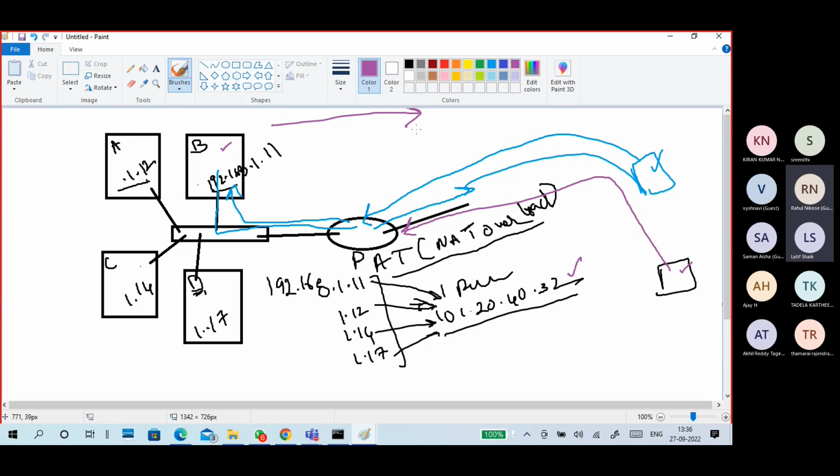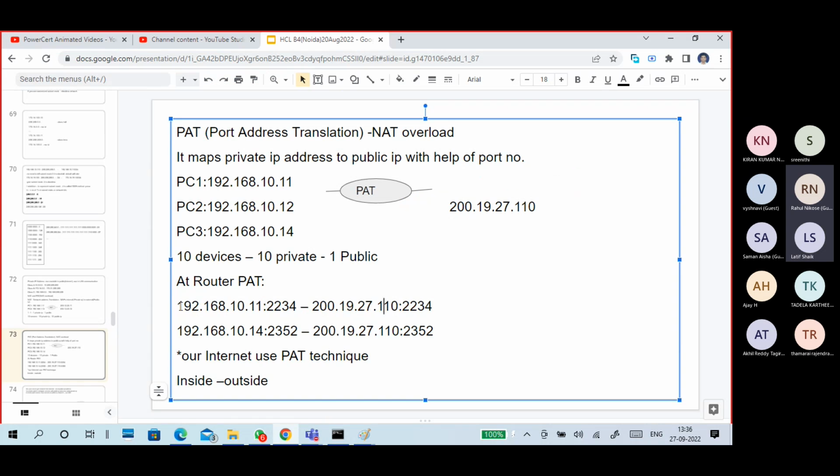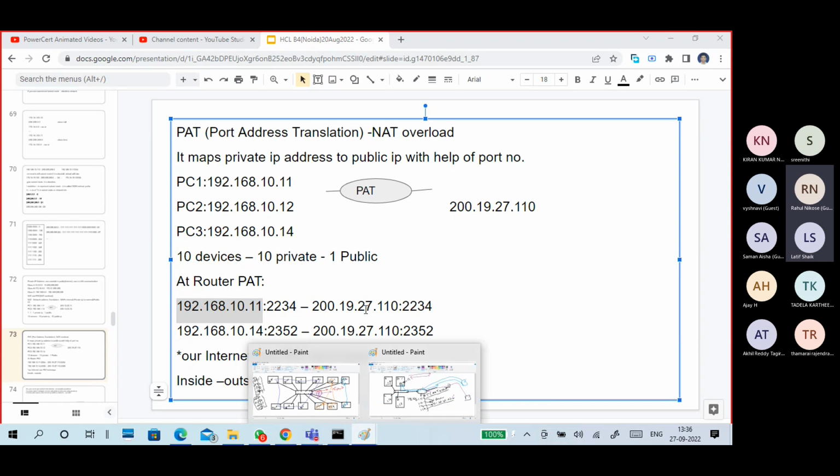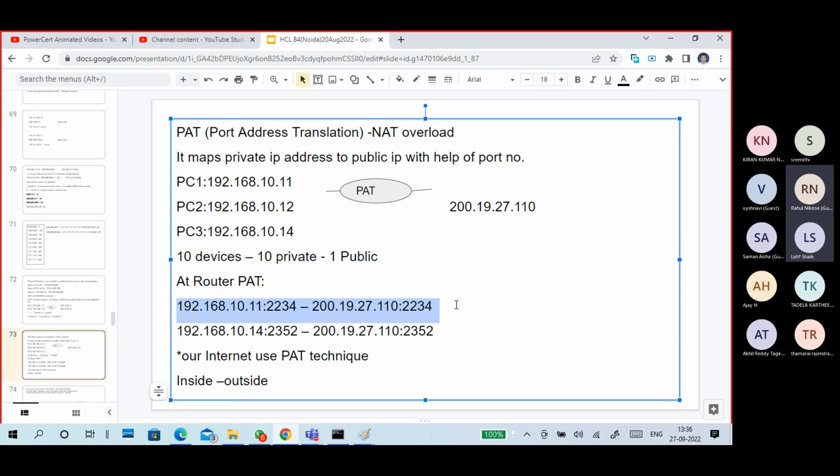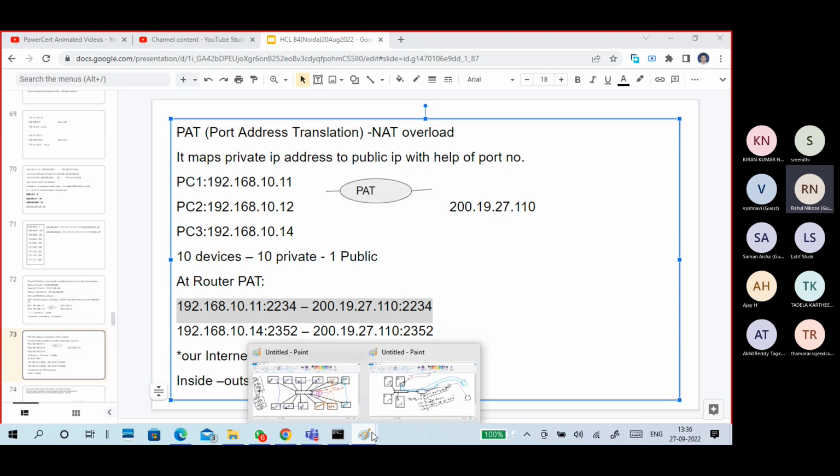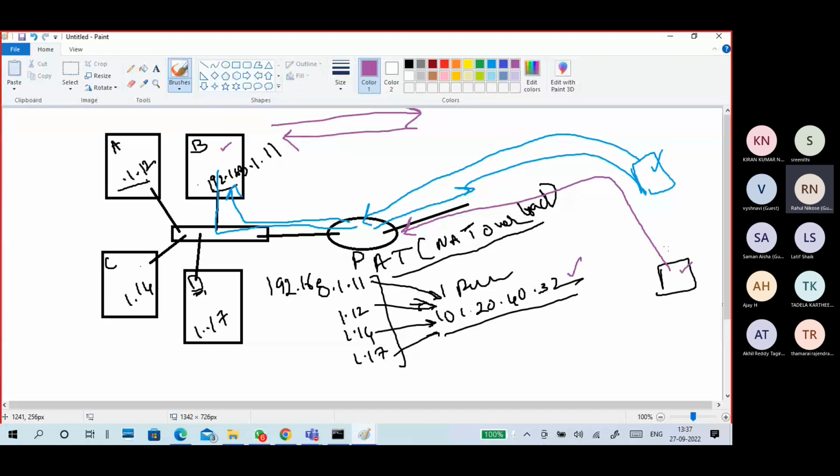Once we receive the reply, the record will be deleted. When I'm sending, the mapping happens and the packet is forwarded. When I receive a packet, I forward it to this PC according to the mapping. Once completed, I remove these records. The record is created when I send a packet and deleted after I receive the reply. But here, a packet came directly to your PC.